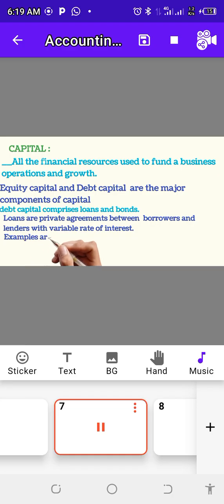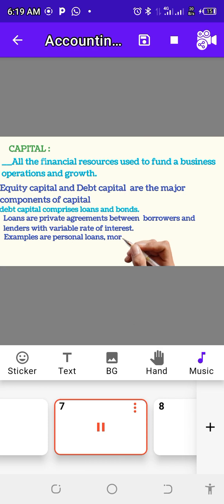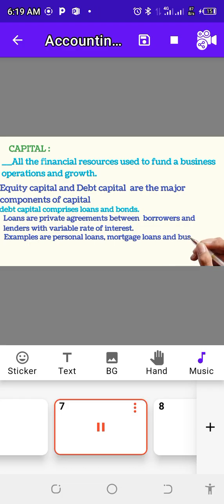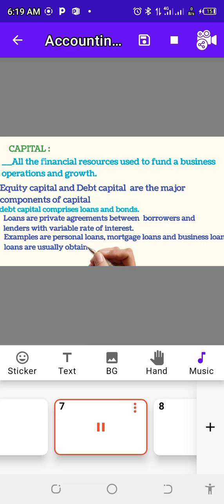Examples of loans are personal loans, mortgage loans, and business loans. And these are obtained in banks or other financial institutions.